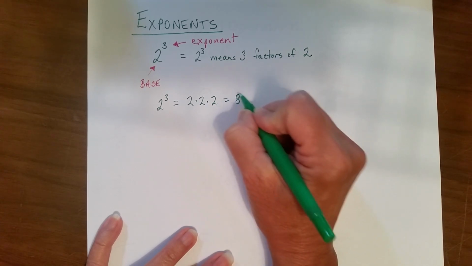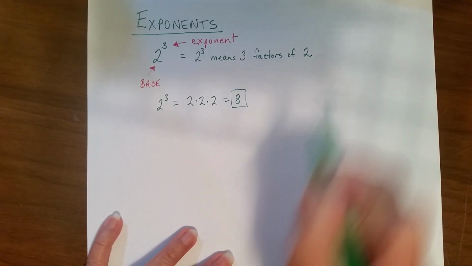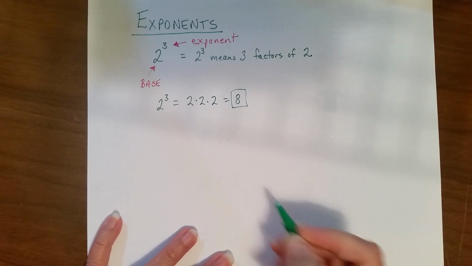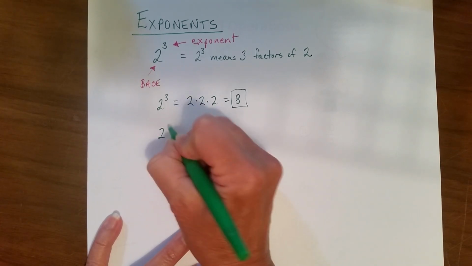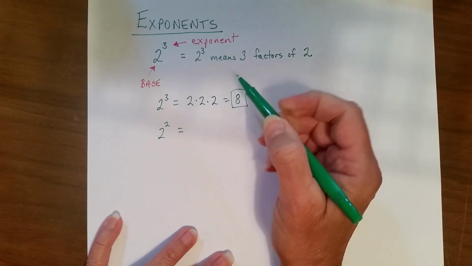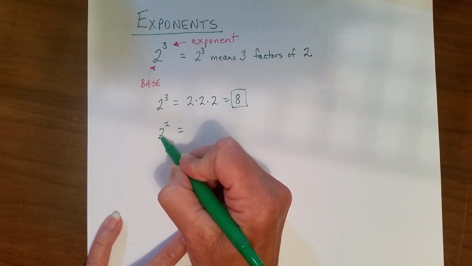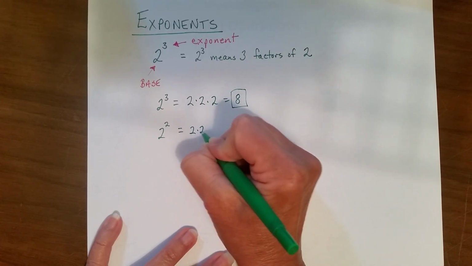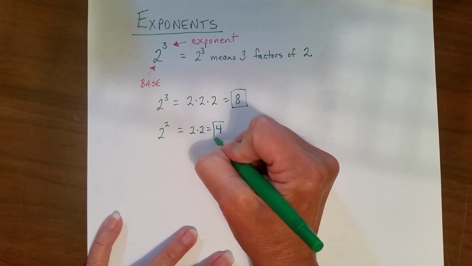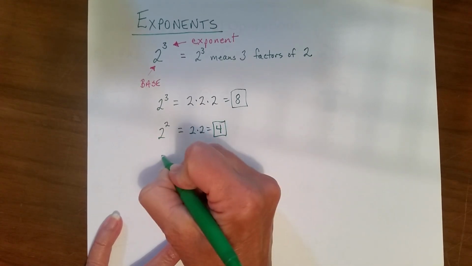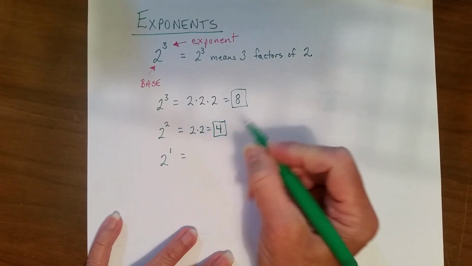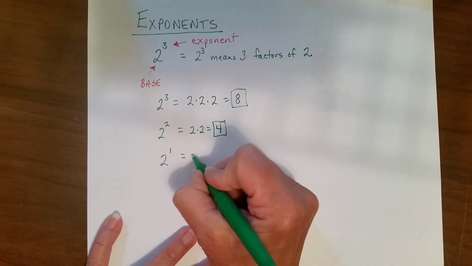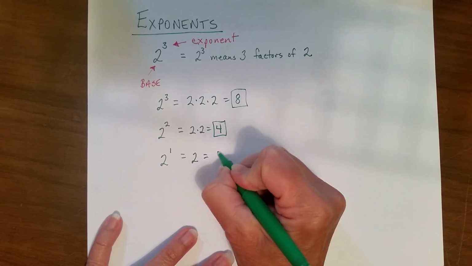So 2 to the third would end up being 8. Okay, so 2 to the second would mean 2 factors of 2. So 2 times 2 would be 4. 2 to the first means just 1 factor of 2. So that would just be 2.